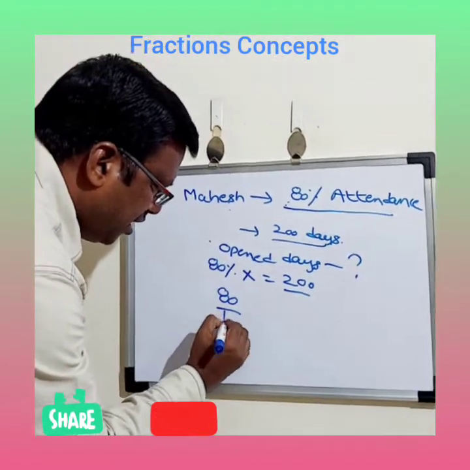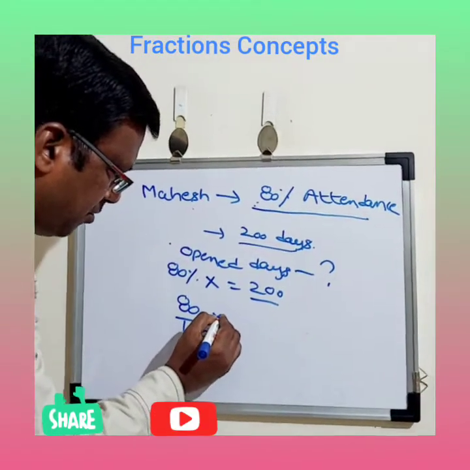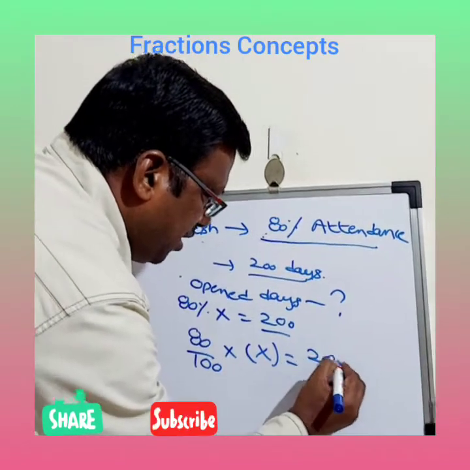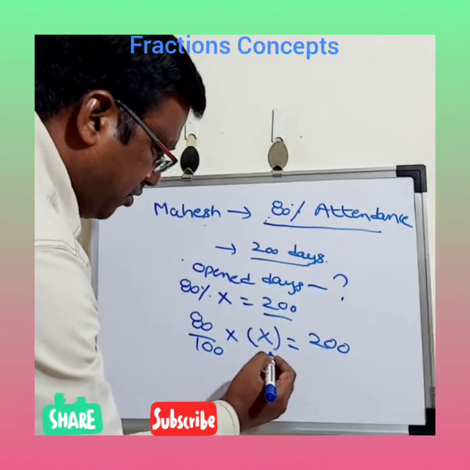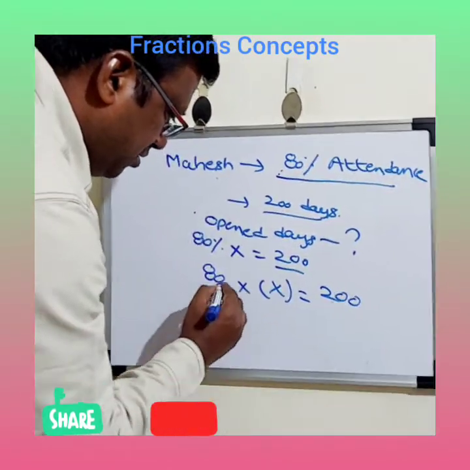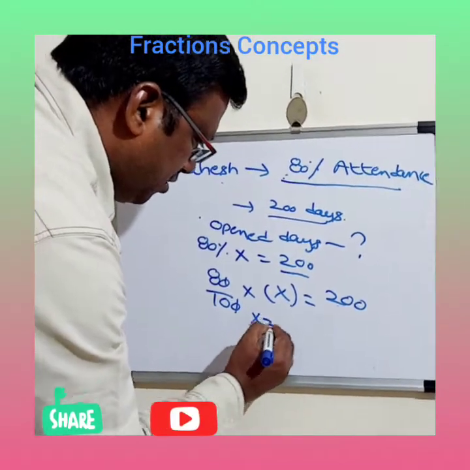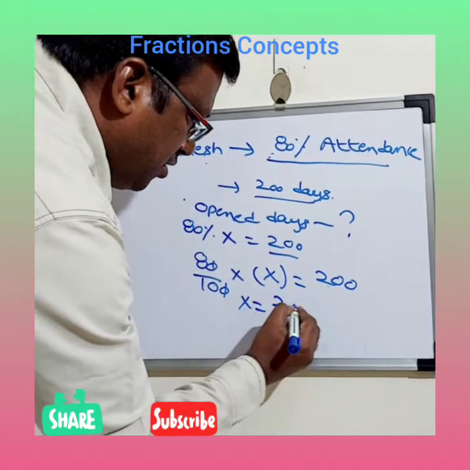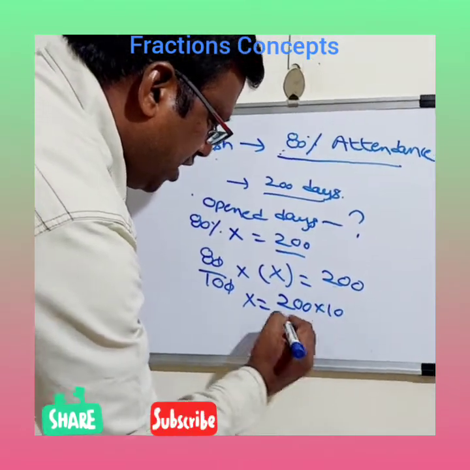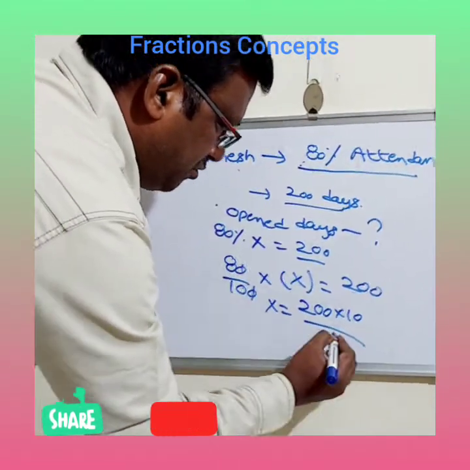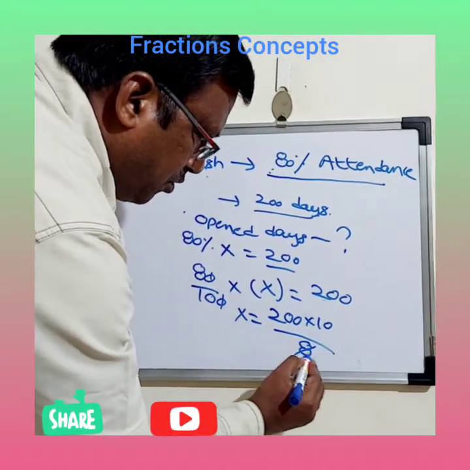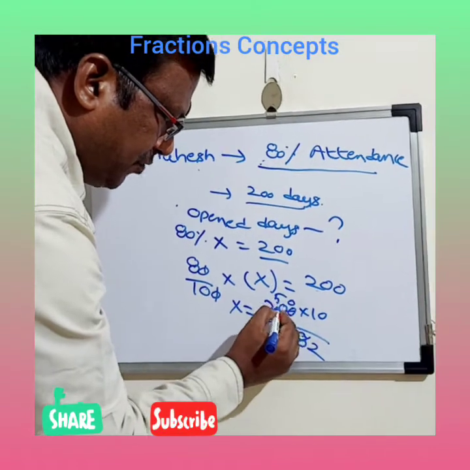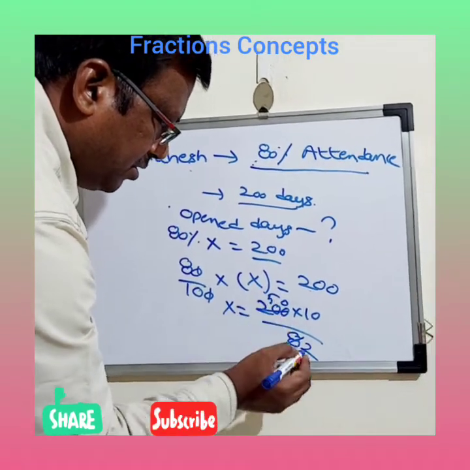So 80 by 100 multiplied by x is equal to 200. We want to know the value of x. The zeros cancel. X is equal to 200 into 10 by 4 — what is on the bottom goes to the top as multiplication. Four twos are 8, four fives are 20, and 0.